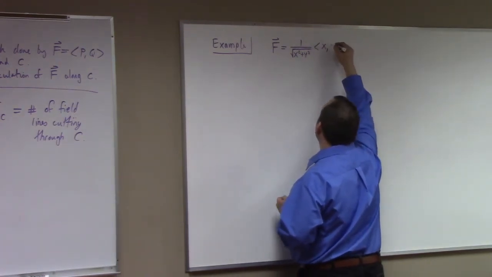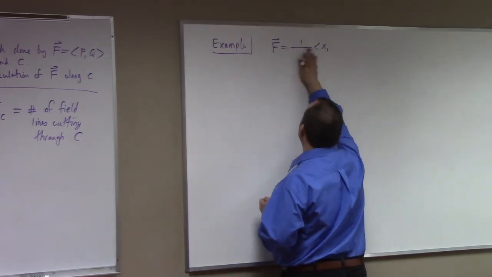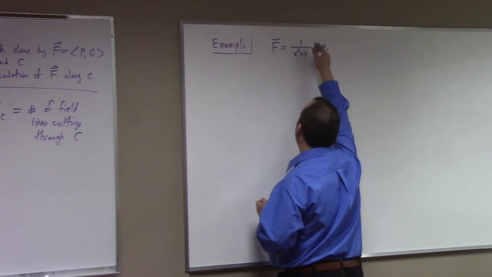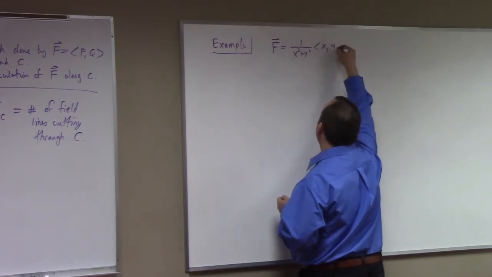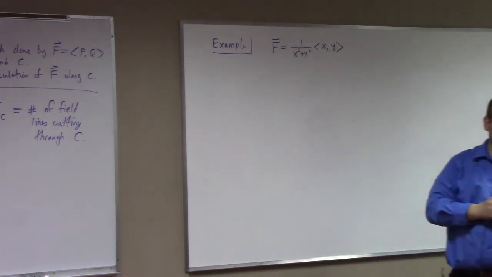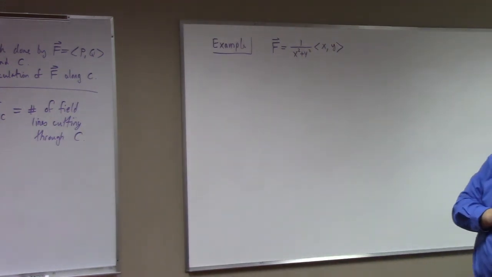Oh, that's not what I want. I want 1 over x squared plus y squared, x comma y. So there's a vector field. Let's calculate the flux of this guy through the unit circle.